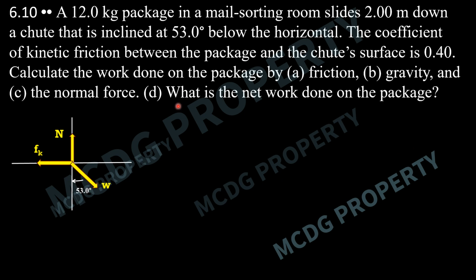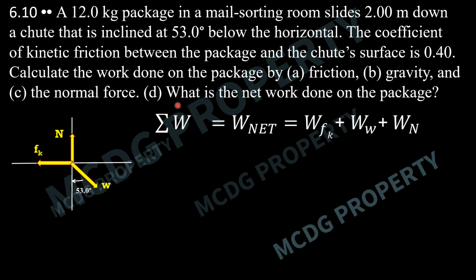Next, you're being asked to find the net work done on the package. So the net work, or total work, done on the package is the sum of the work done by all the forces acting on the package. So that is the normal force, friction, and the gravitational force. So we get the work done by friction plus the work done by the weight plus the work done by the normal force.